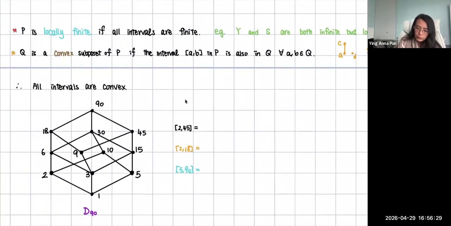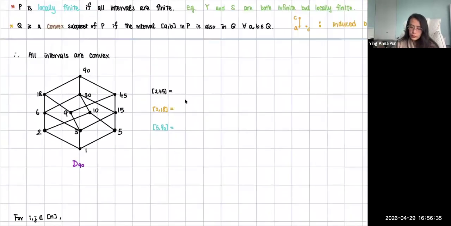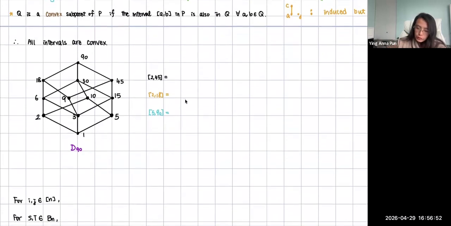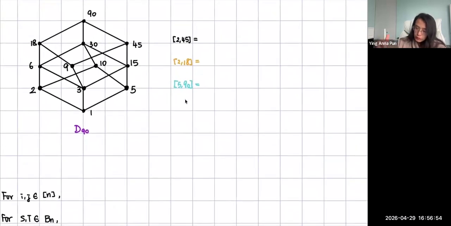All right, so all intervals are convex inside P. To talk about the intervals, because we are going to learn about chain and rank, we have to make sure that the notation is clear. So I'm going to give you examples. Here, let's look at D90.